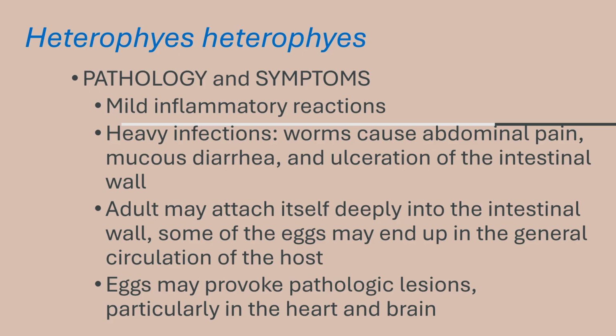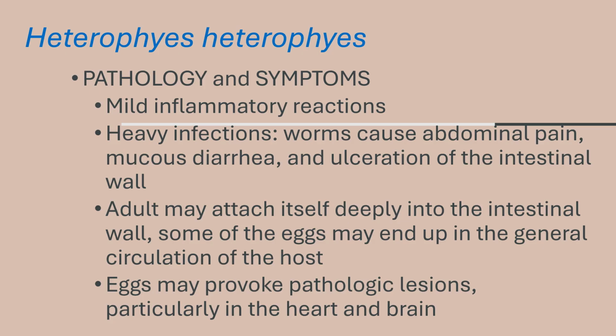Please note that the adult Heterophyes is very small. Also, the eggs are small, and they may end up in the general circulation. With that, the small eggs may provoke pathologic lesions, particularly in the heart and in the brain.